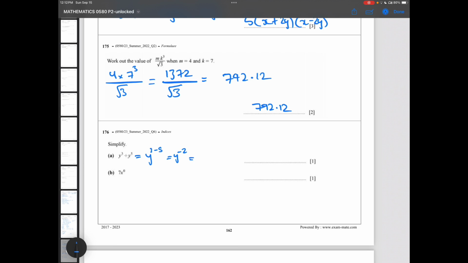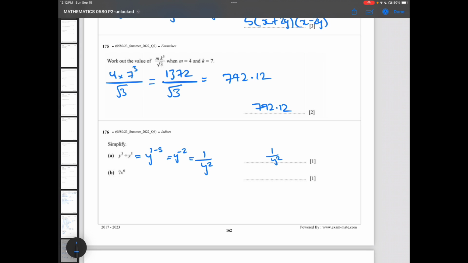And in order to change the negative power, we need to move the term to the denominator if it's in the numerator. So I will write 1 upon y square. So I get the answer 1 upon y square.